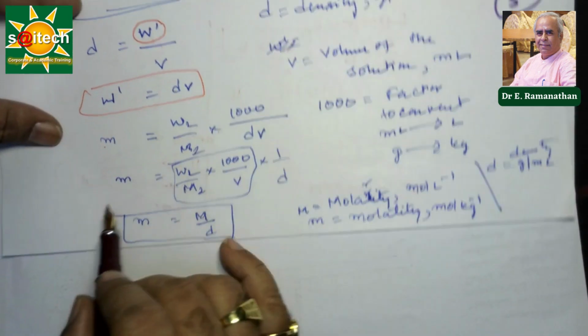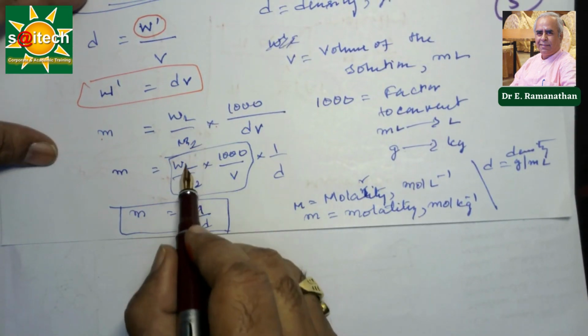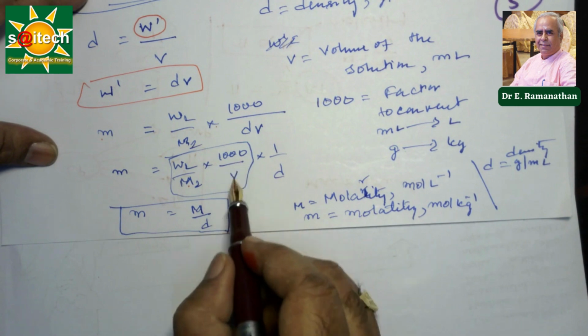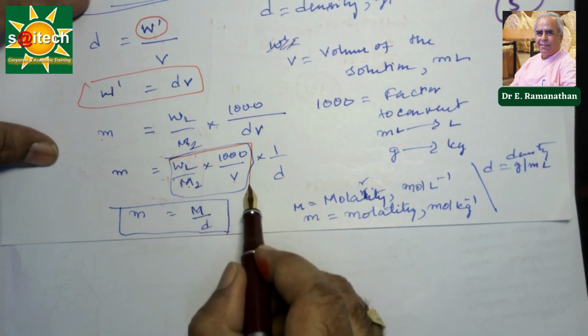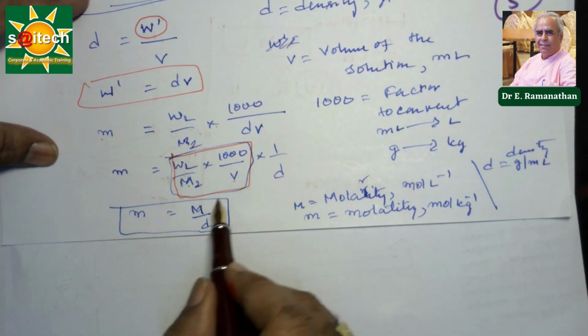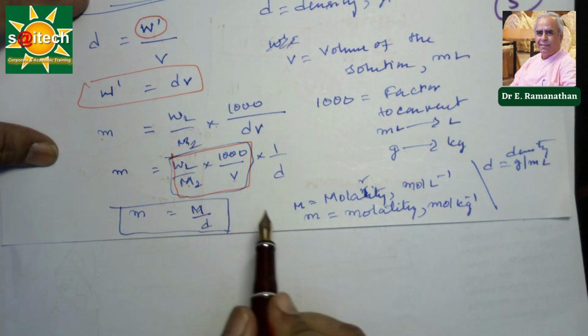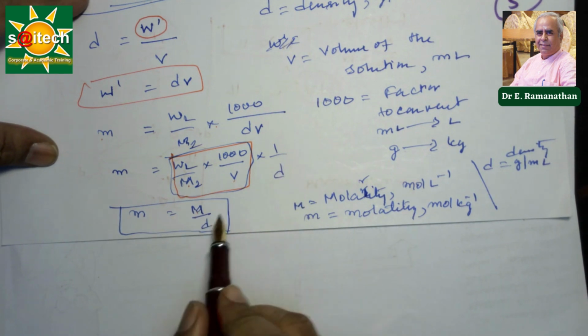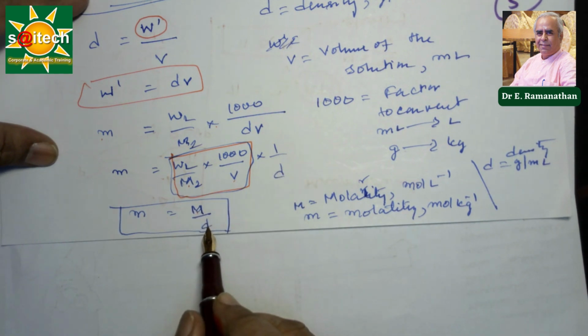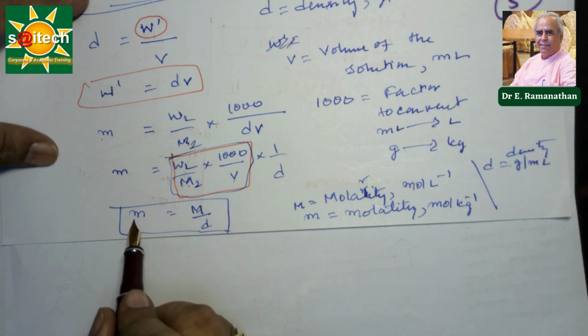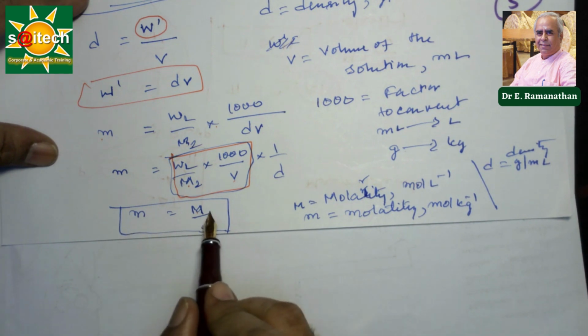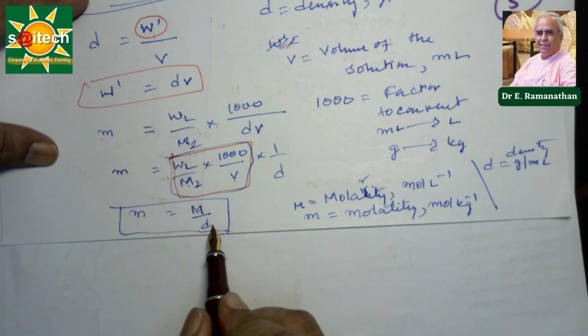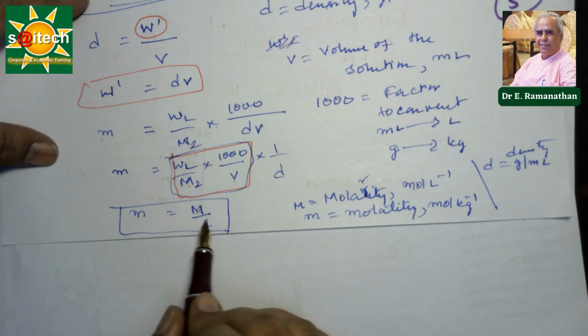From this I can further convert W2 by M2 into 1000 divided by V, which is nothing but molarity. So I can simply incorporate here 1 by d. So molality is equal to molarity divided by d. Do you understand this?